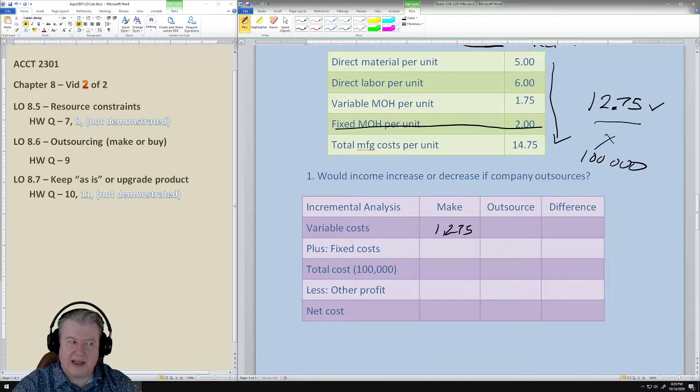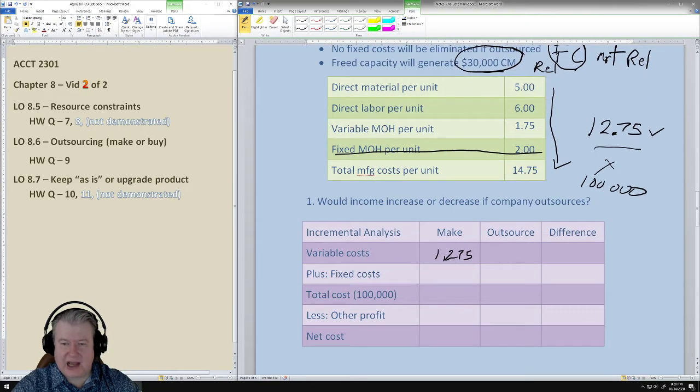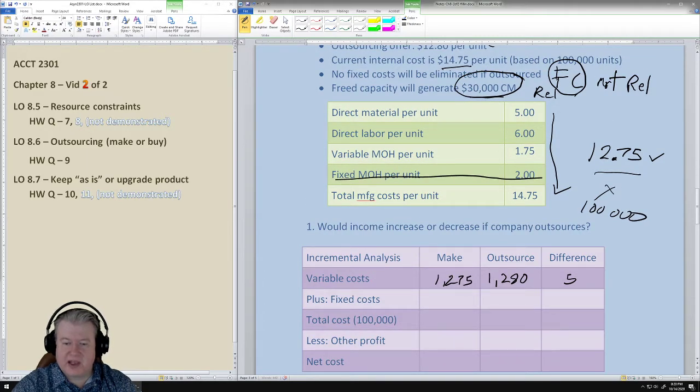If we outsource, it's 1280 times 100,000, so that would be 1.28 million. And so the difference here is 5,000. In this particular scenario, we said fixed costs did not change, so there's nothing here. And so the totals would be just the same right here, 1275, 1280, and the difference would be 5.